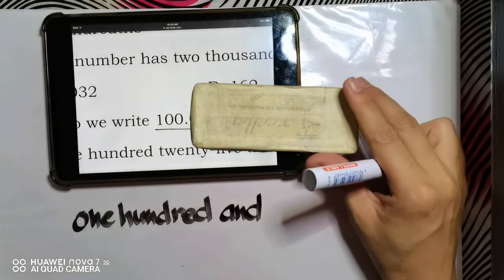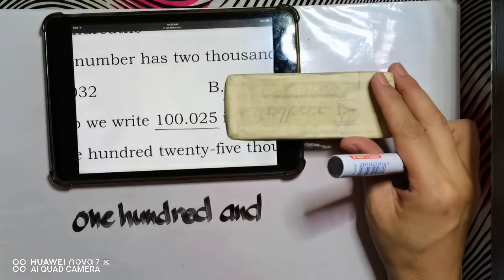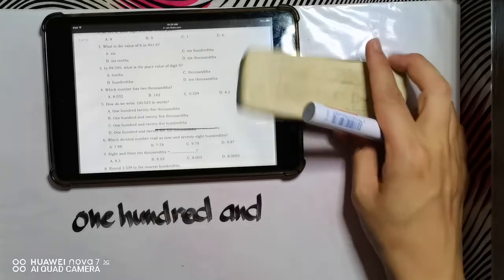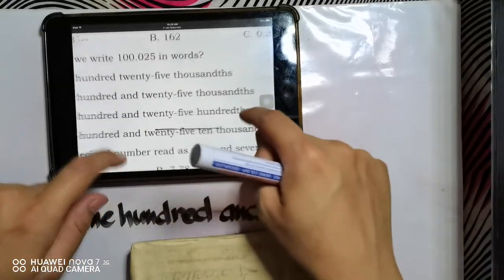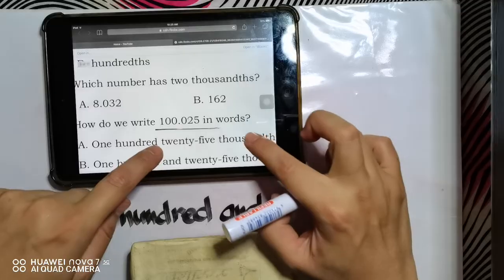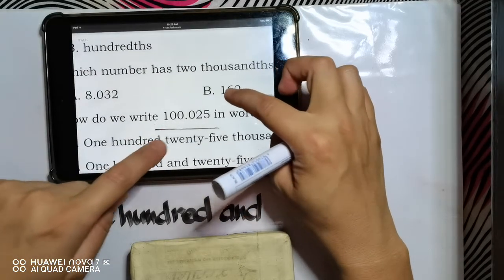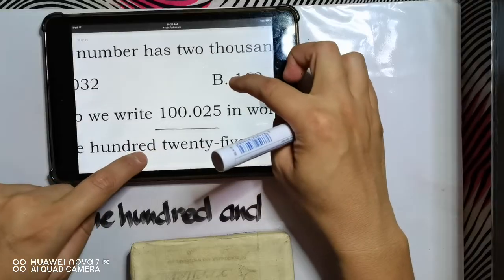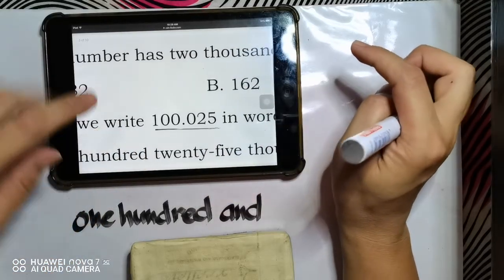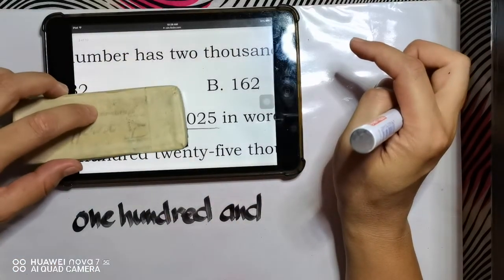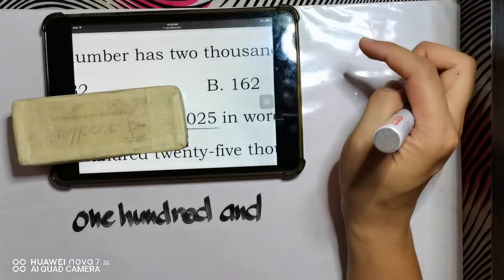Tapos, tingnan mo na yung lahat ng number na nandoon sa decimals. Okay. So, tapos na tayo dito. Ito na lang yung natitira natin na number.